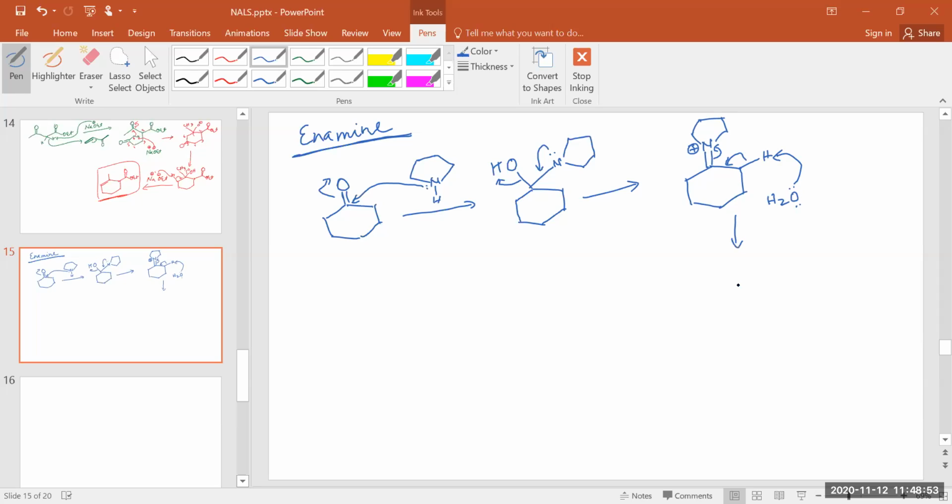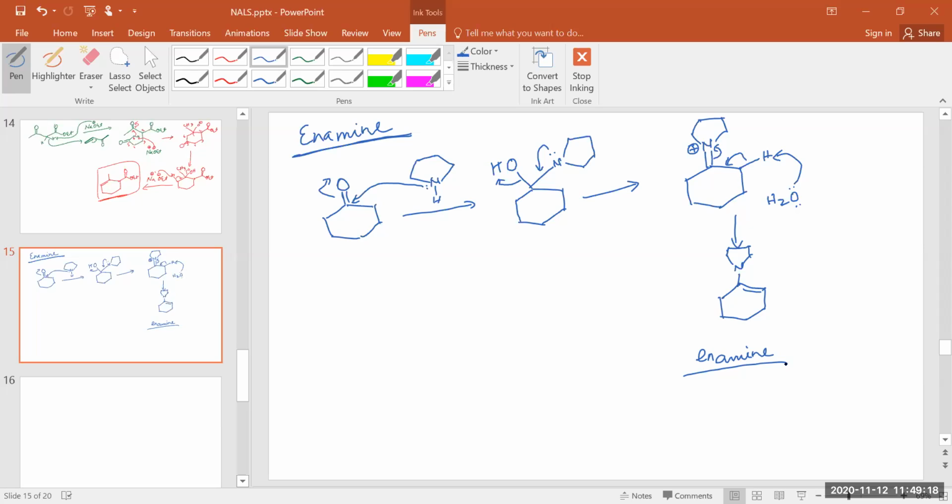So what will form? It will form the enamine. Why is this called enamine? En means double bond and amine, the nitrogen, like enol, en-ol. On the double bond OH, here on the double bond amine, enamine.